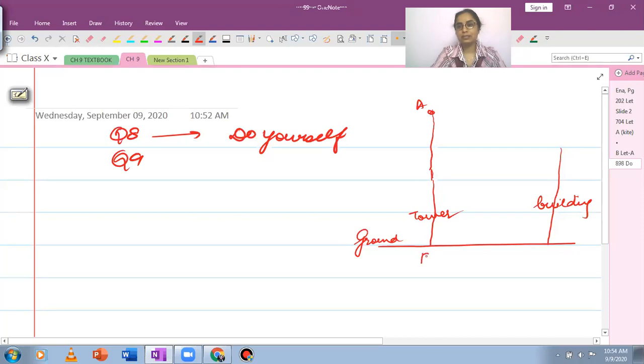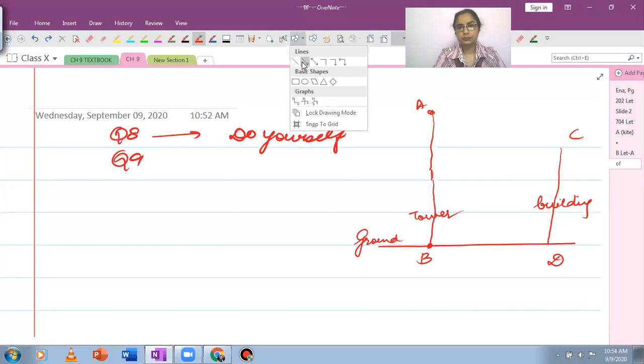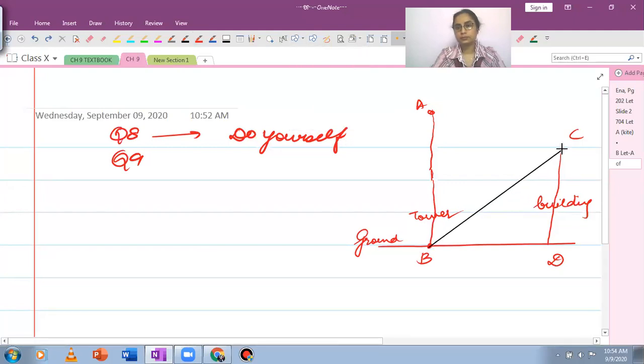Let AB be the tower and CD be the building. From the bottom of the tower, the person looks at the top of the building, and then the angle formed is 30 degrees.